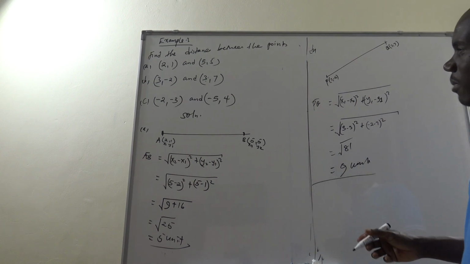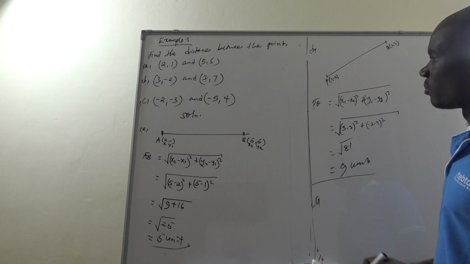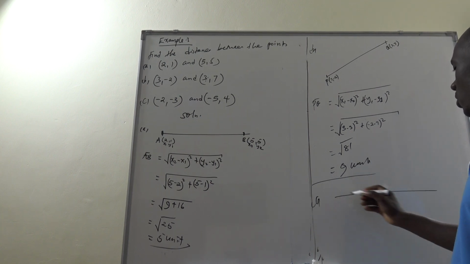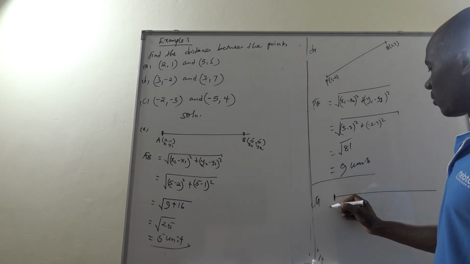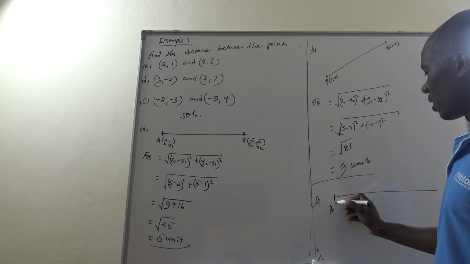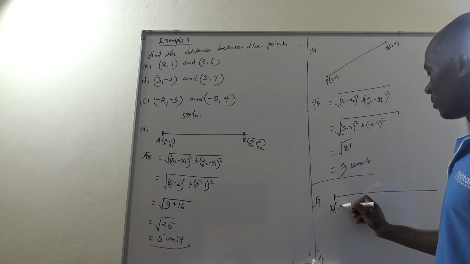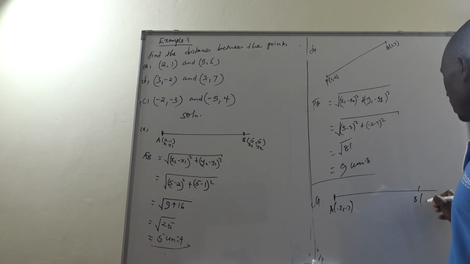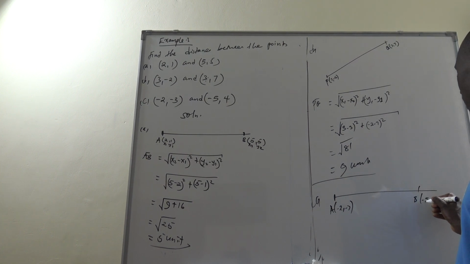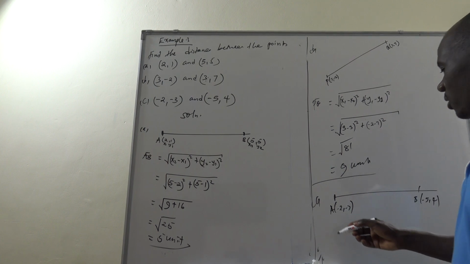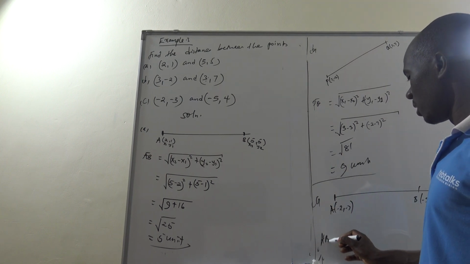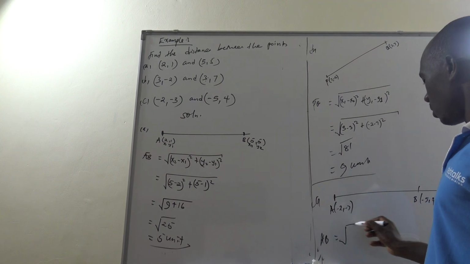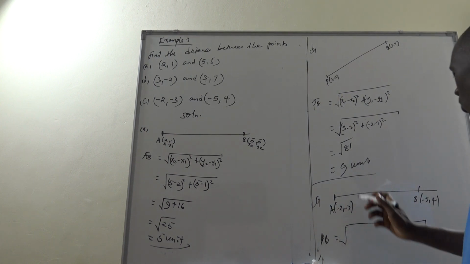So we are moving to part C, the same story. If we have point A as -2, -3 and B as -5, 4, we can still do the same as AB, substituting in our formula. What is our x1?